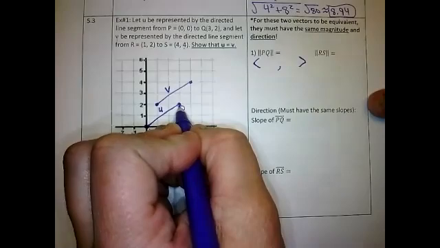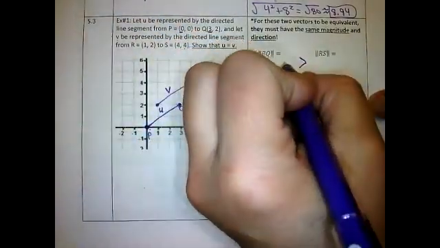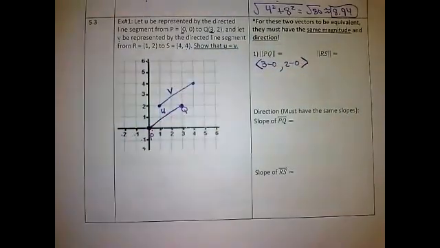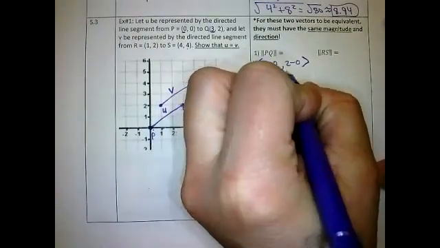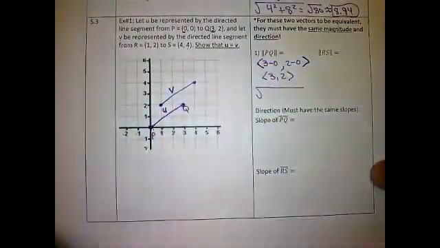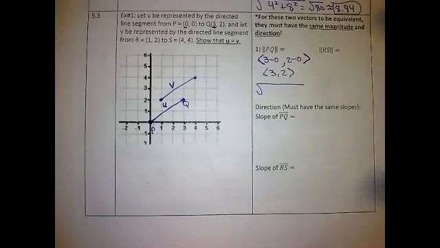I take the x on my Q minus the x on my P, so 3 minus 0 and 2 minus 0. So x2 minus x1, y2 minus y1, and I get 3, 2. Really I didn't have to do that, but most of the time we're going to be finding those direction vectors anyways.